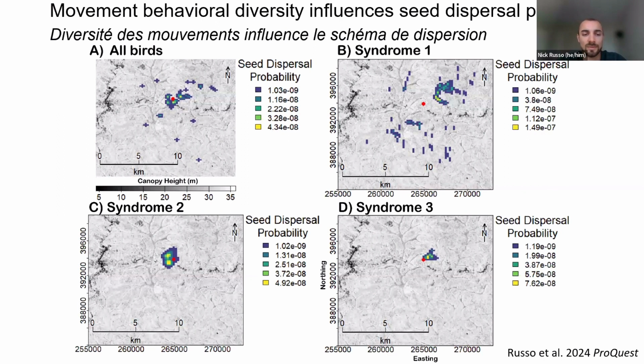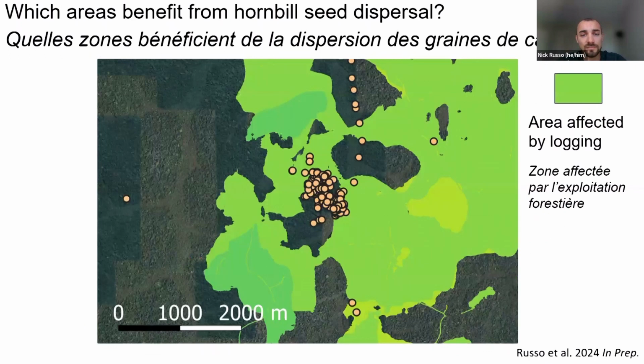That's what we found for movement behavioral syndromes 2 and 3, which are quite similar. Syndrome 2 moved a little bit farther than hornbills of syndrome 3. But what we're finding is that within populations of both black-casqued and white-thighed hornbills, we're seeing variation in movement behavior that leads to diversity in both the distance and direction of seed dispersal events.